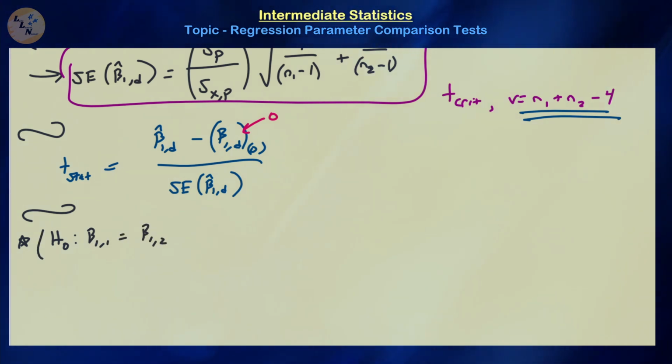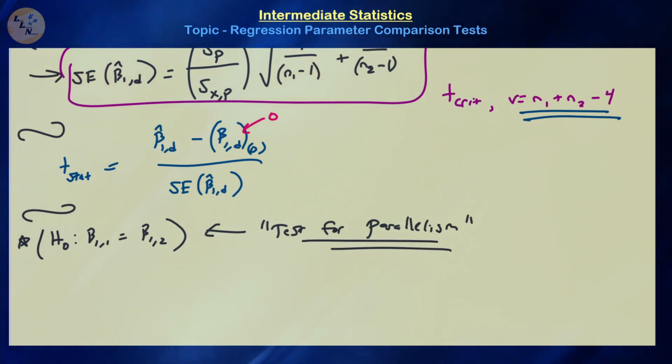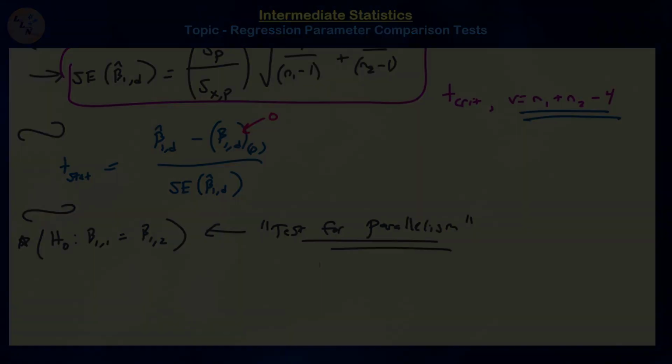So this is often referred to as a test for parallelism. That is, if the slopes are equal to each other, they are parallel to one another in the two-dimensional sense. Now that we have all of the hypothesis testing done for the slope, or the difference in slopes for the linear regression lines, now let us focus on the intercept and difference between these linear regression lines.